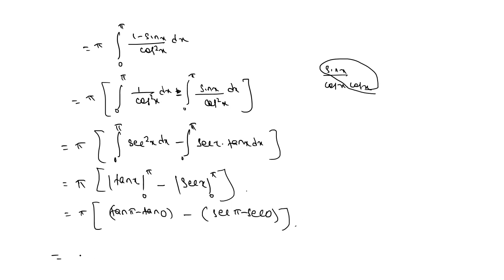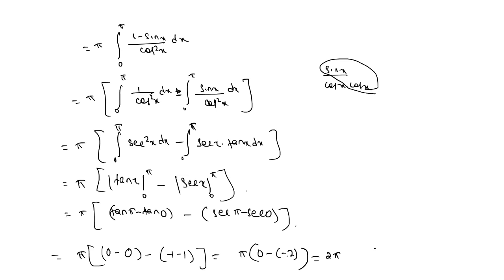So the value of tan pi, tan 180, is 0, and also tan 0 is 0. Okay, and sec pi is minus 1, and sec 0 is 1. Right, so the answer is pi, this is 0 minus 0 minus, this is minus 2. So minus minus plus, so the answer is 2 pi.